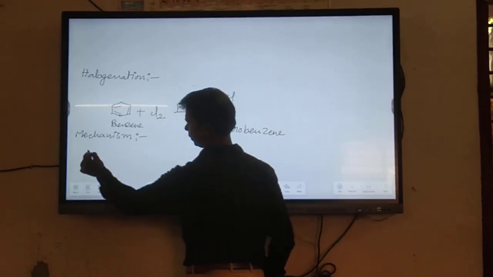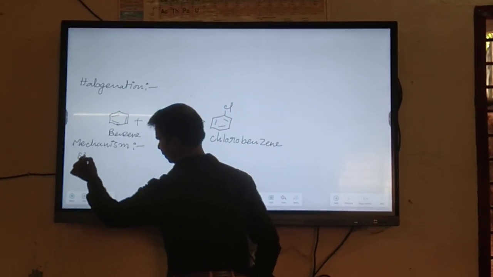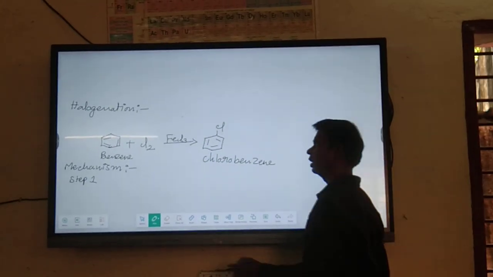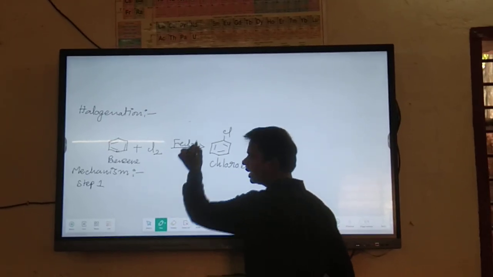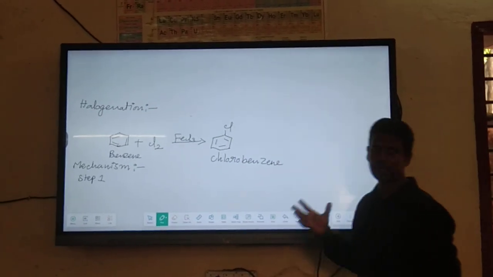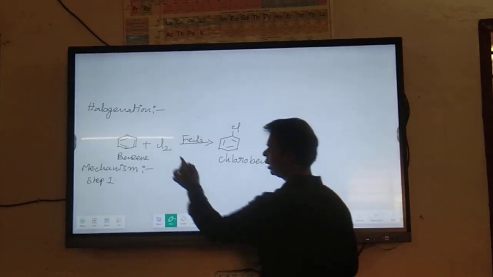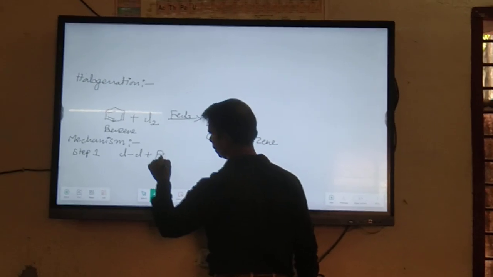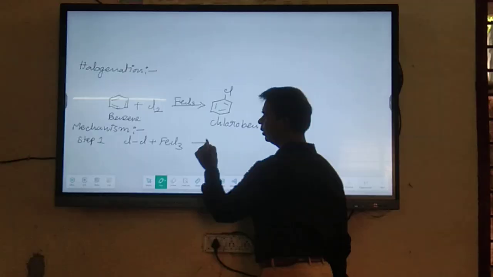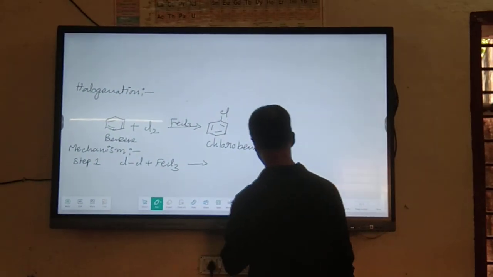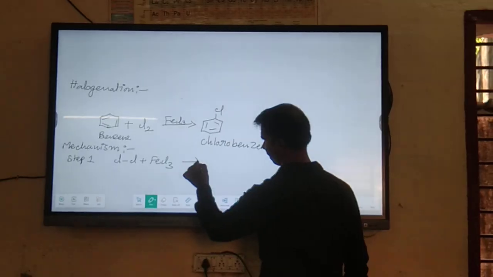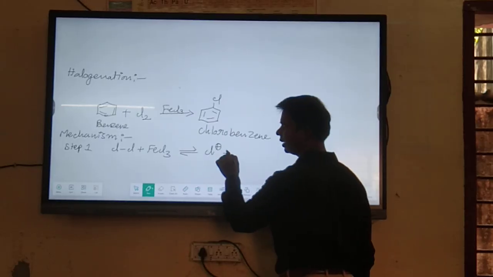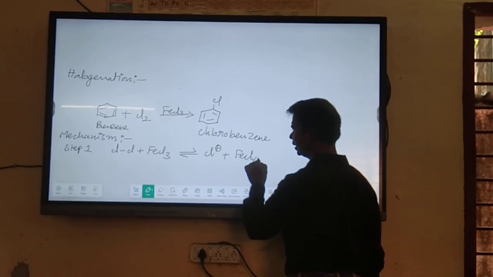Step 1: the halogen reacts with the Lewis acid to give Cl plus and FeCl4 minus.